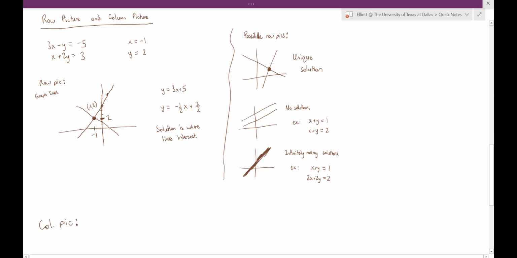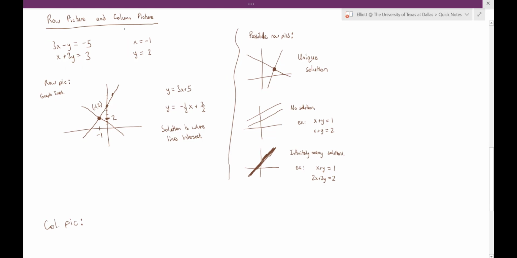So to get the column picture, I'm going to take the system of equations and rewrite it as x times (3, 1) plus y times (negative 1, 2) equals (negative 5, 3).